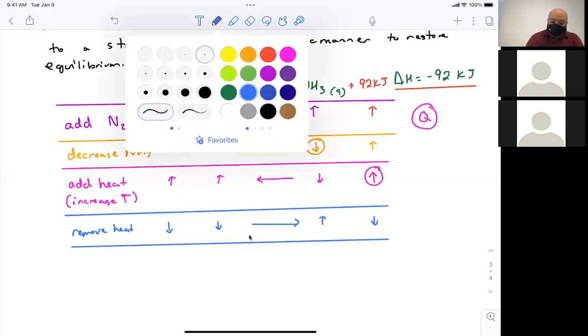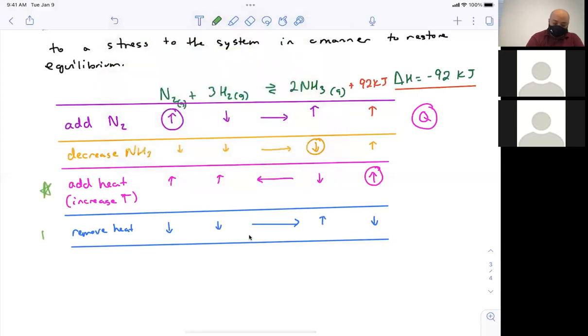Now, I do want you to star the temperature ones because temperature is a very unique situation here. Temperature causes a shift, but temperature is not in the expression.